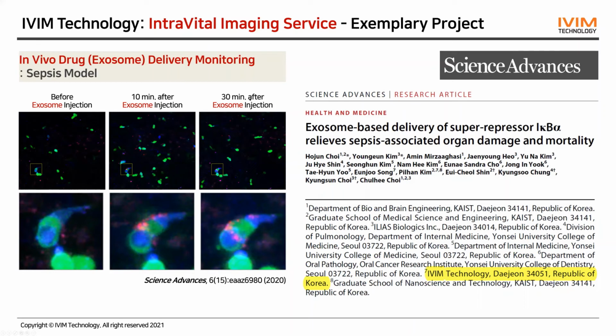And at 30 minutes after the injection of exosome, it was internalized into these particular target cells. So again, this is a very good example of how to utilize the IntraVital microscope to monitor drug delivery. In this case, it was exosome.